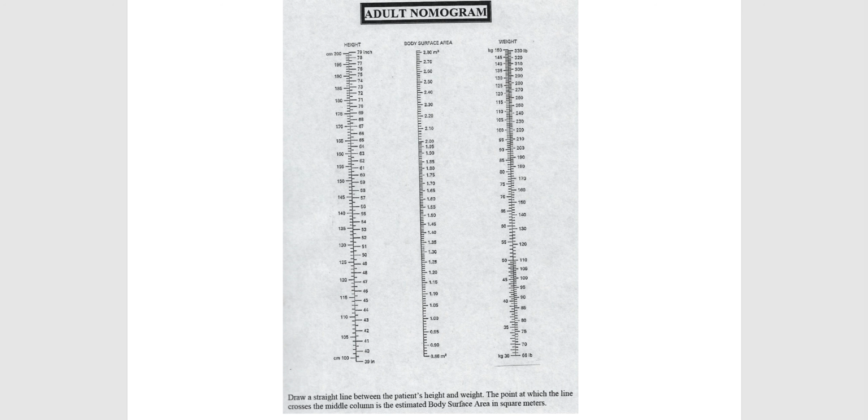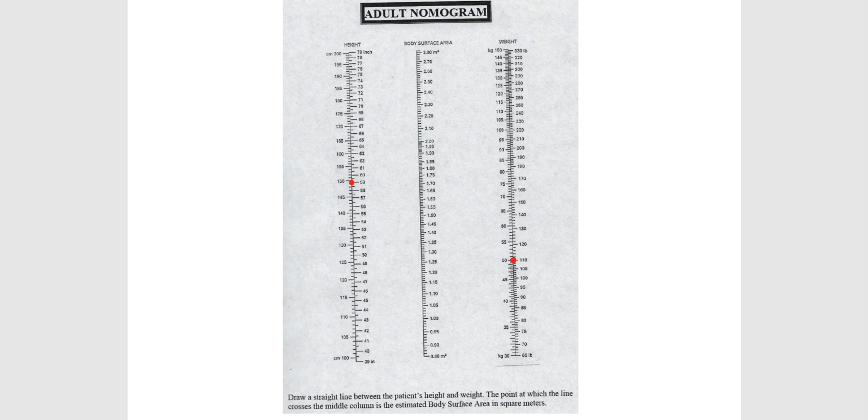So what you do is you go to the patient's height, and let's say that they were 59 inches tall. So you put a little marking right there. And then let's also say that they weighed 110 pounds. So you put a marking right there for 110 pounds.